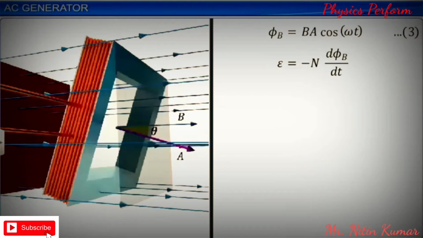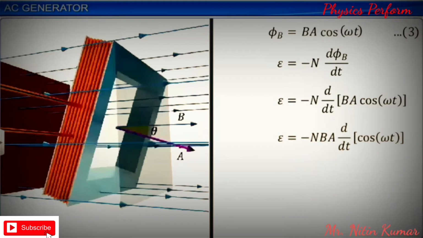On substituting the value of phi B from equation 3 and simplifying, we get E is equal to minus N d by dt of BA cos omega t. The strength of the magnetic field B and the area of the coil A are constants. The equation now transforms to E is equal to minus NBA d by dt of cos omega t.